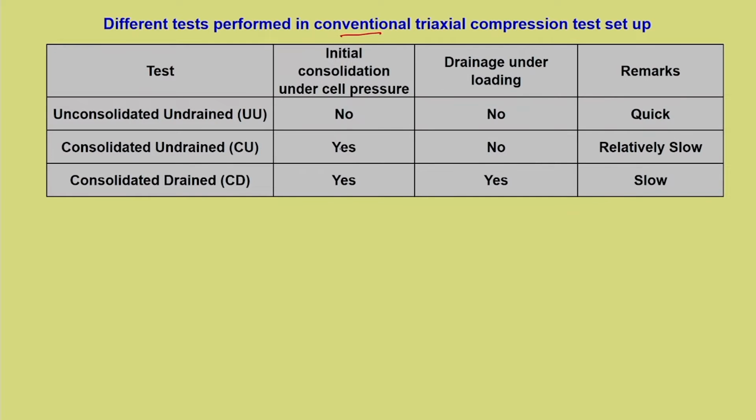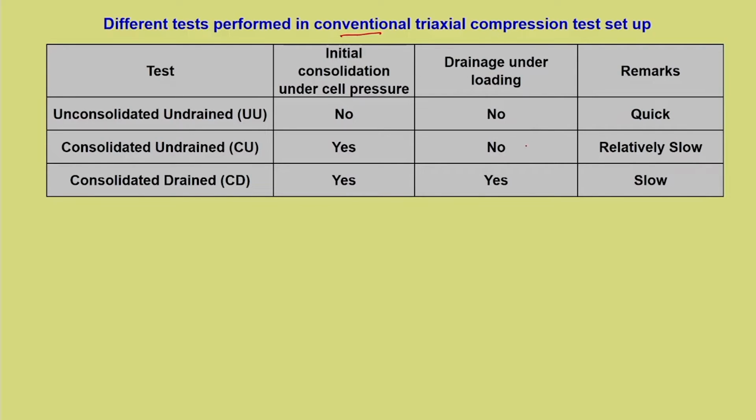So, consolidated undrained CU, there is initial consolidation, which means that there is some changes that is happening to this soil sample during the consolidation phase. That is, confinement is applied and then the drainage valve is opened so that water moves out and consolidation can happen.